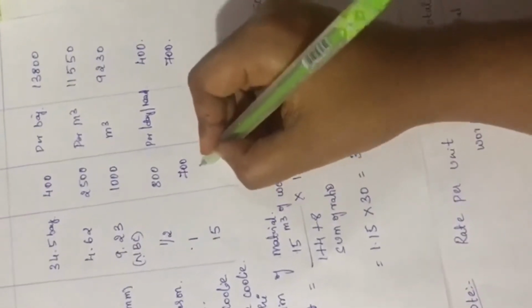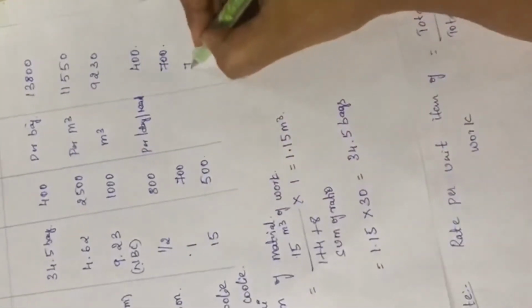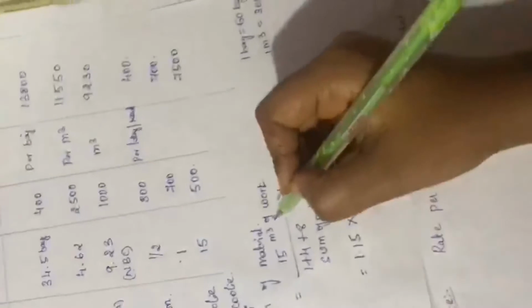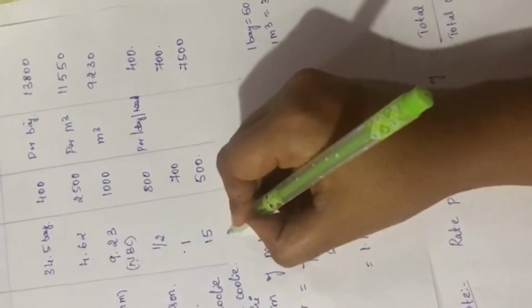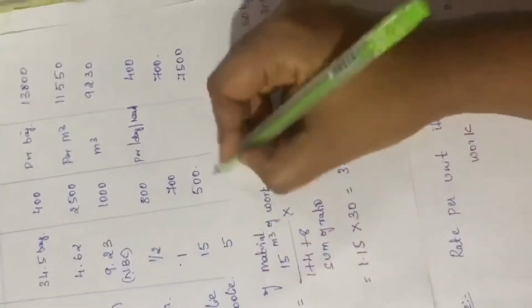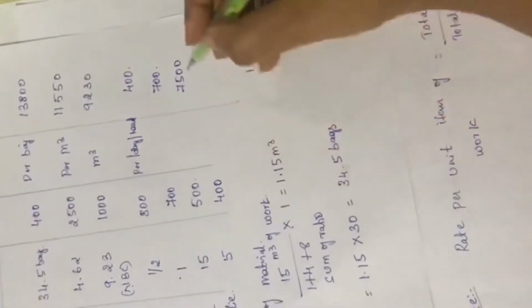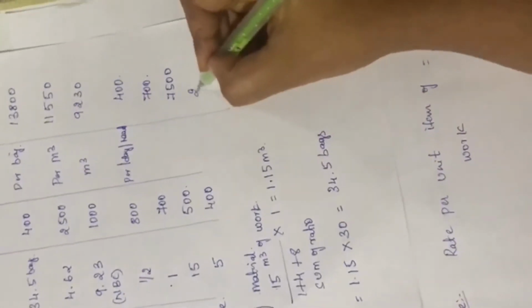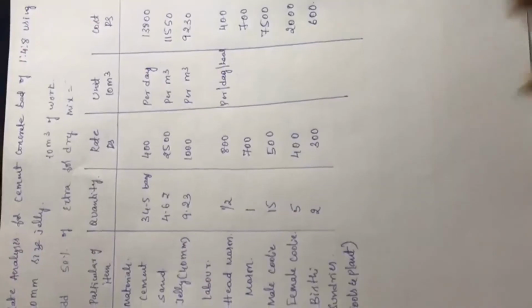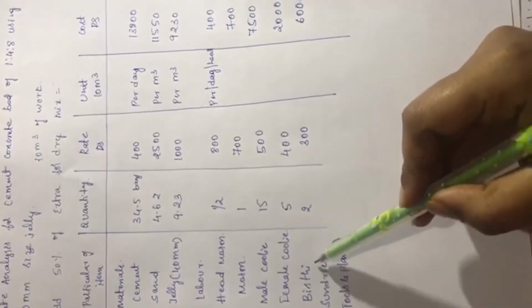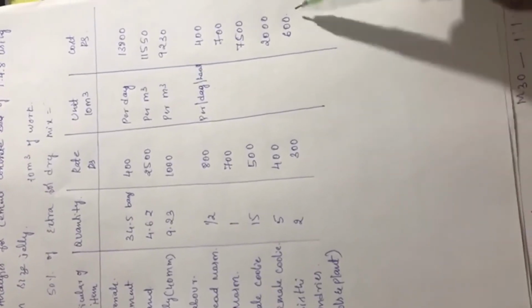Again, female coolie, 5 numbers are required. At 400 per head, that will be 2,000 rupees. Again, bisti, 2 numbers are required, 300 rupees per head, which will be 600.